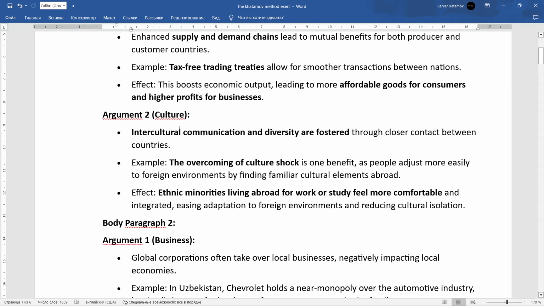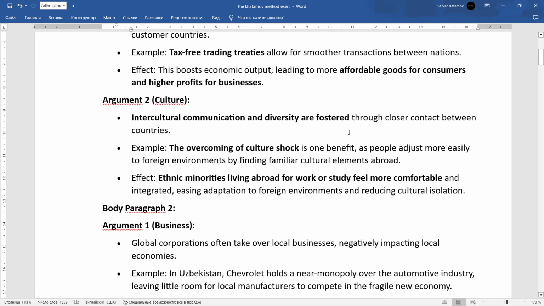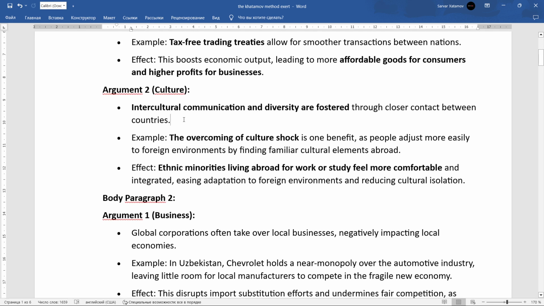Okay. Argument 2, culture. Intercultural communication and diversity are fostered through closer contact between countries. Example, overcoming of culture shock. Actually, what I noticed when I was reading Atambek's essay is that we pretty much got the same argument, but I called it by its name.